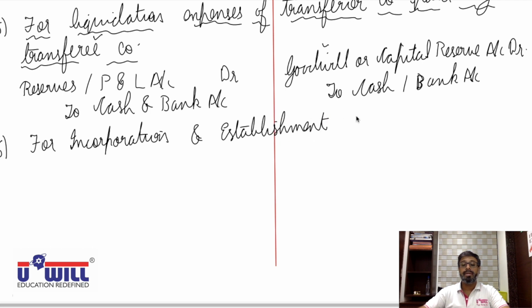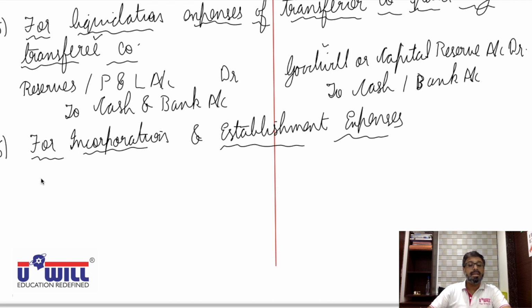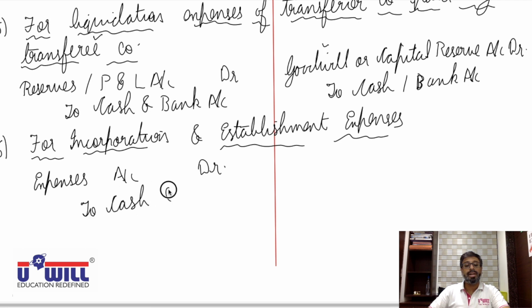The new company is being formed, so they will also have their own registration, incorporation and establishment expenses. So respective expenses, whichever are incurred, preliminary expenses account debit, or debit all expenses and losses, expenses account debit, cash goes out, credit what goes out to cash and bank account.